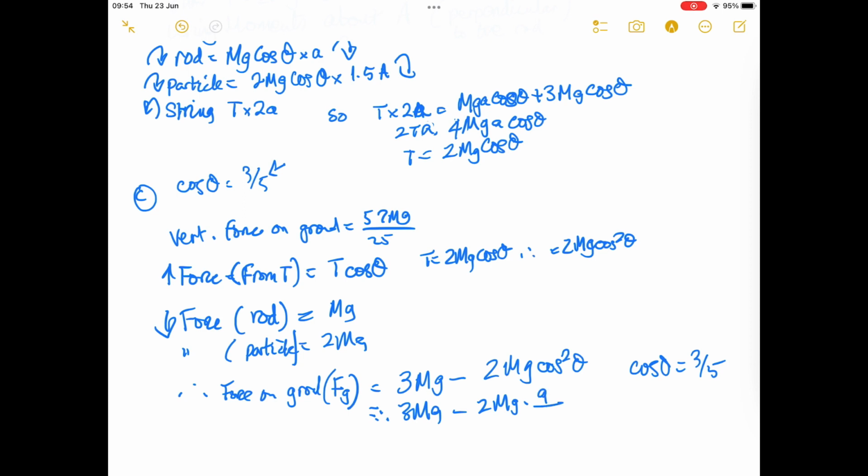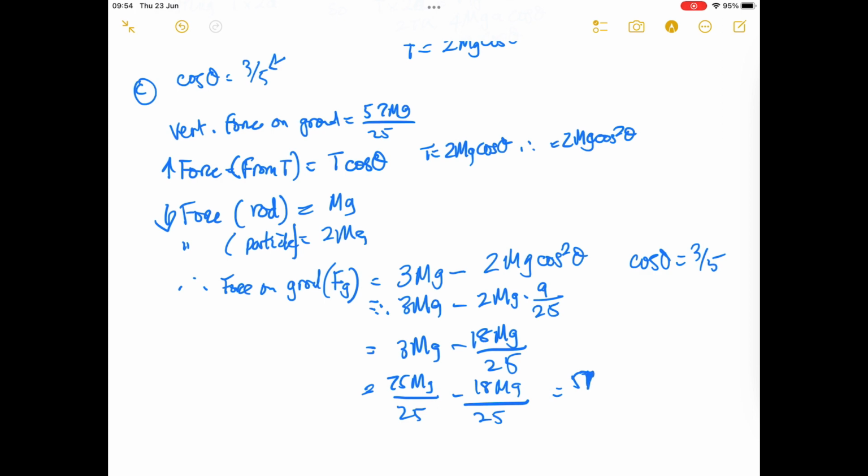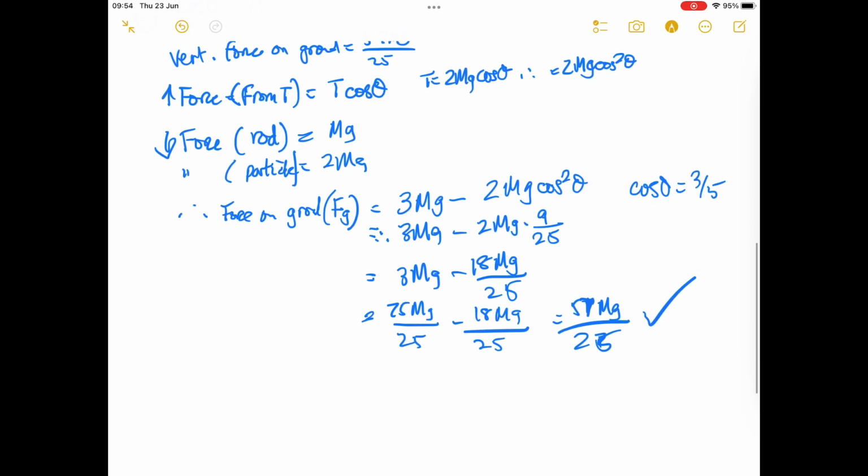Okay, write that down, and then you've just got 3mg minus that, so basically make everything over the same denominator. So 3mg will be 75 mg over 25 minus 18 mg over 25, which will be 57 mg over 25. Okay, right, so that's that part done.